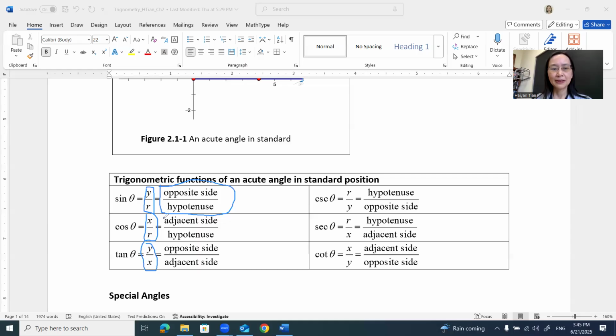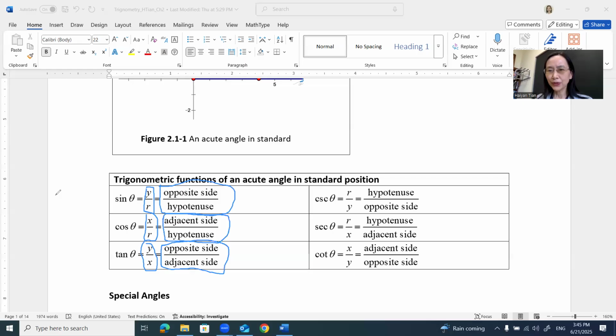Cosine value at theta is the side adjacent to theta over the hypotenuse. And tangent value at theta is the side opposite theta over the side adjacent to theta.